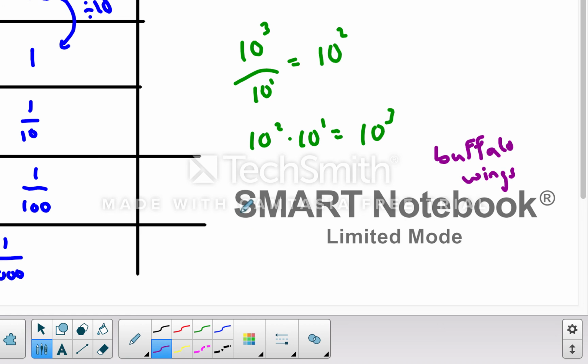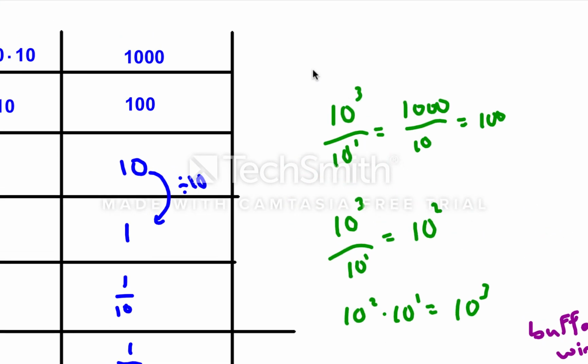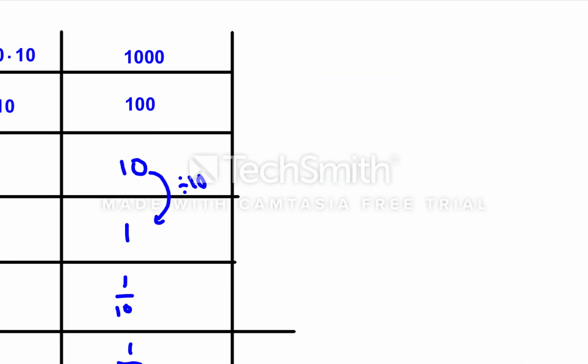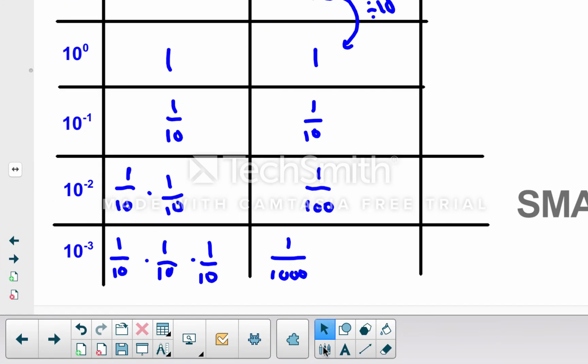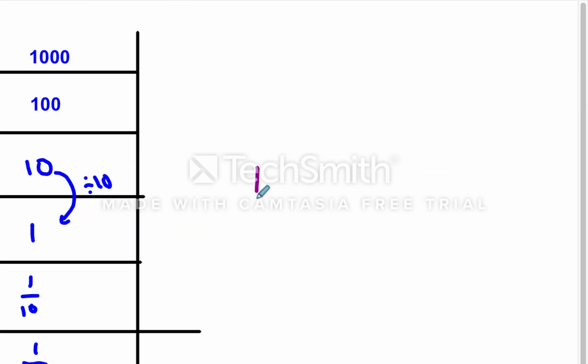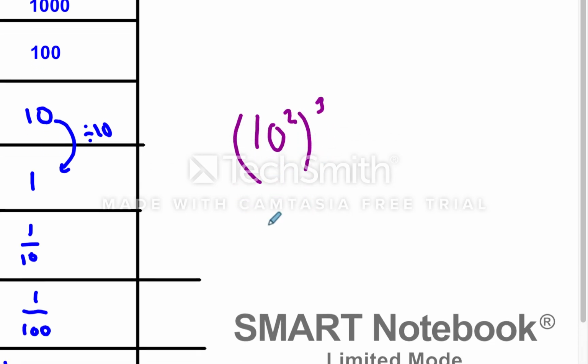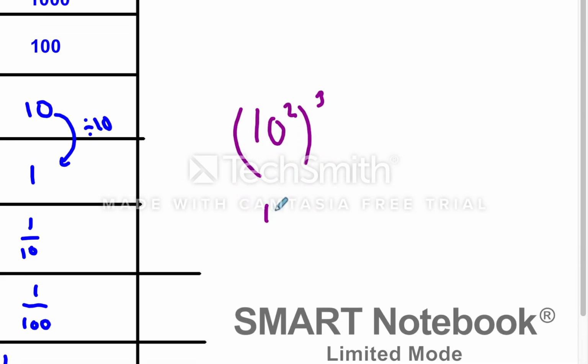Anyway, one more rule to show you about, and that rule is the exponent to an exponent. So let's say we had 10 to the second to the third. What this is really saying is we know that 10 to the second is 10 times 10 or 100.